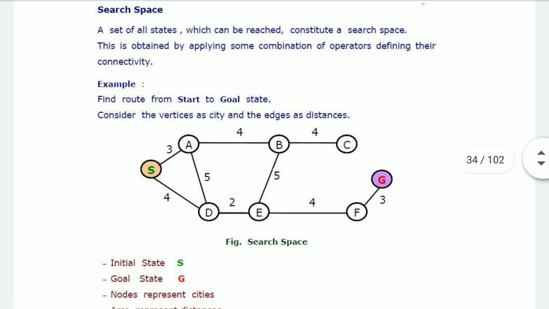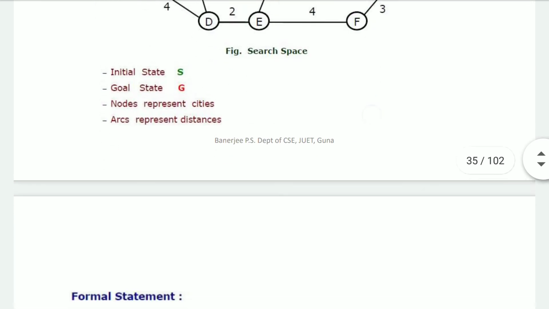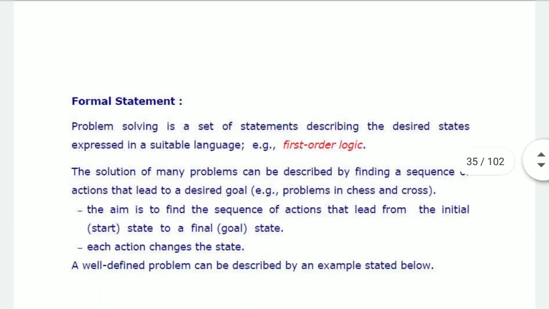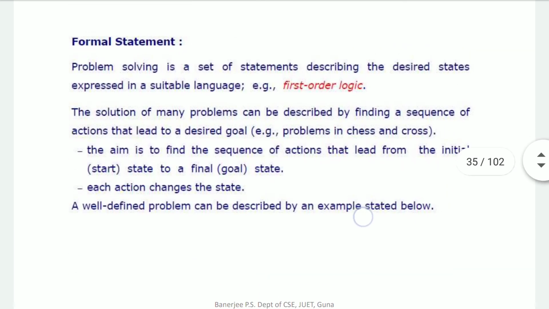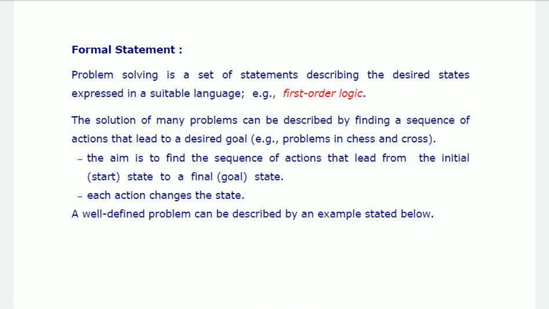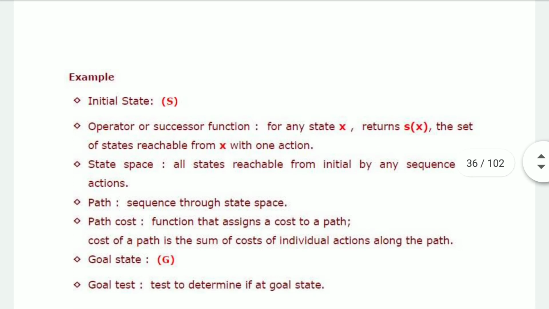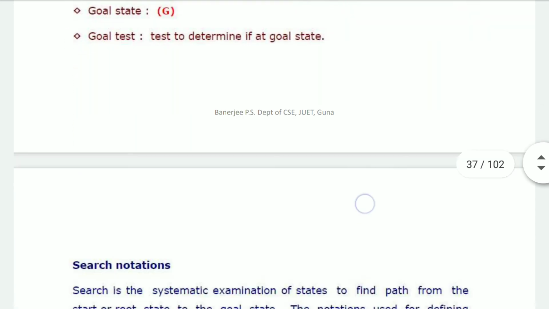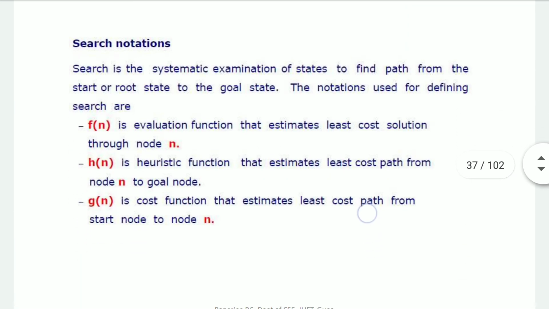Well, this is a search space in case of a graph with the start and the goal state, right? Formal statement, exclusive lectures were there previously during our semester time, right? I'll not be going through all these things again. Now here, the search notations.